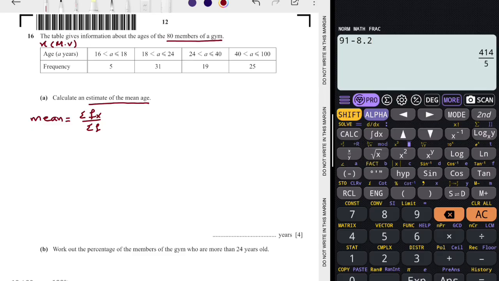So we are going to add the lower boundary with the upper boundary and divide it by 2, or we can take the average of every class interval. So for example, the mid value of the first class interval would be 16 plus 18 divided by 2. We can use a calculator. 16 plus 18 is equal to 34 divided by 2. The answer is equal to 17.